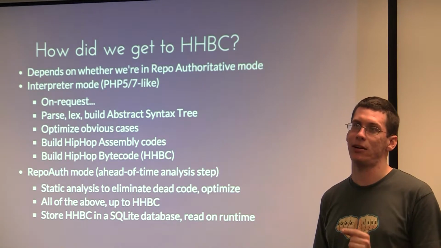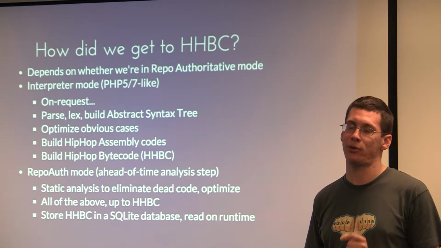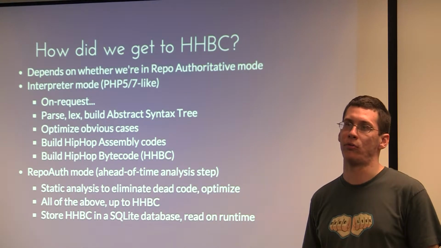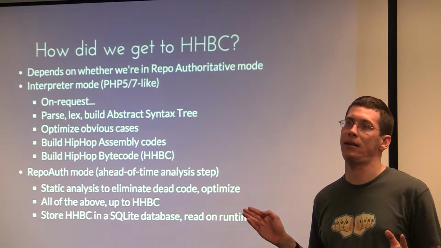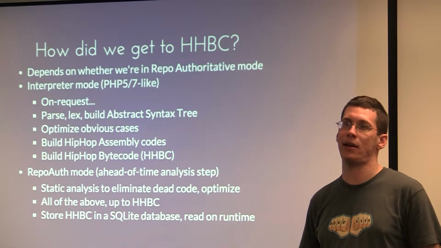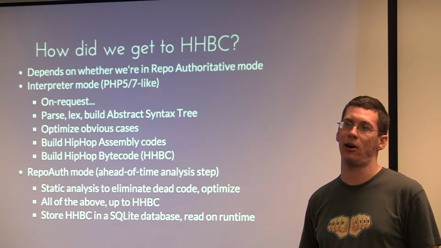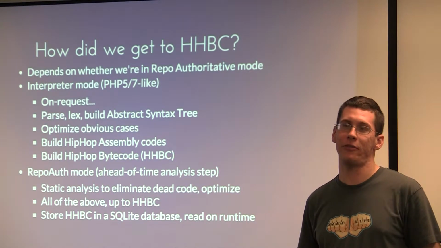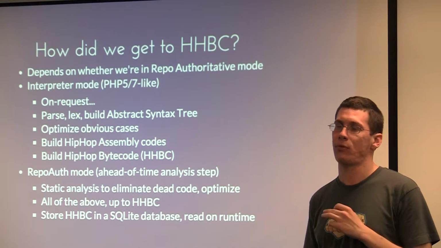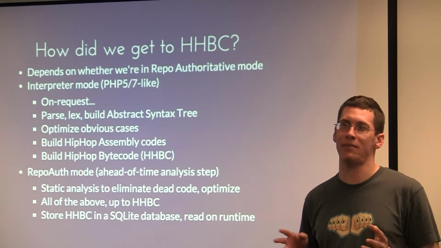Now the catch here is when you turn on repo authoritative mode, that SQLite database is all the code you're running. So you have to compile in all your code, all your vendor code, etc., which doesn't take too terribly long, but you have to keep that in mind. Okay, I'm changing these files, I restarted HHVM, why isn't my new code showing?